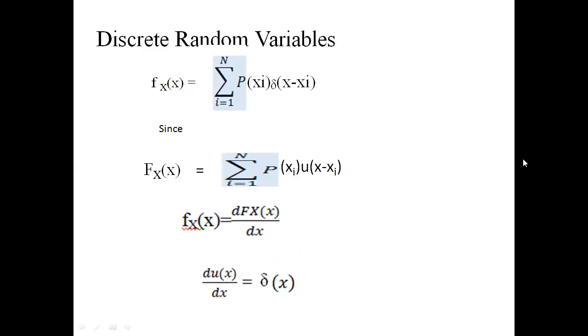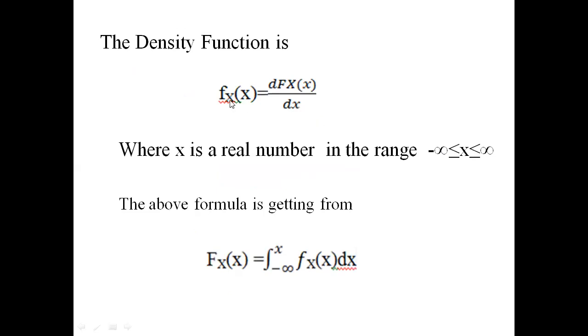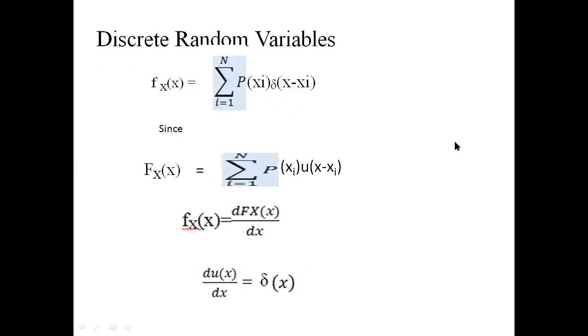Already we know the density function is the derivative of the distribution function. For discrete random variables, the distribution function is capital Fx of x equal to summation i equal to 1 to n p of xi u of x minus xi.